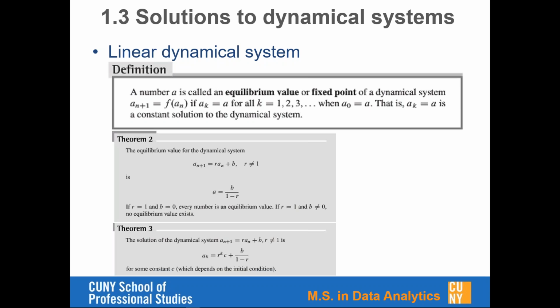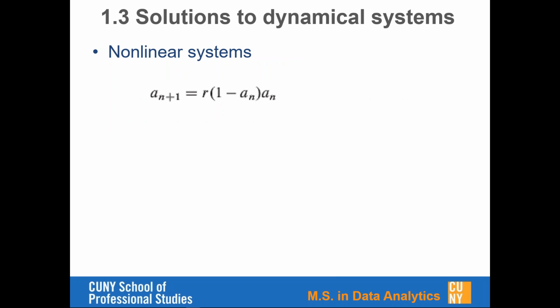And then how about a nonlinear system? A nonlinear system is nothing but the current value being a function of the previous value times the previous value. You can see there is an a sub n squared component in this equation set, right? So later you would see what linear programming is, which means it doesn't have a nonlinear component, x to the power 1.